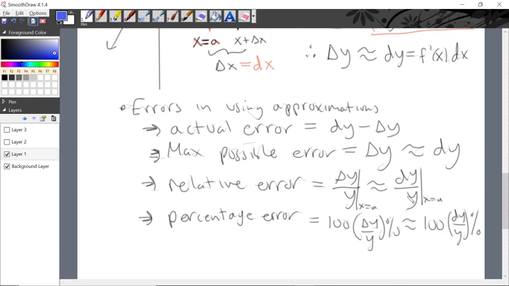But if that's out of a distance of 500 million miles, well, 1,000 miles is not that big of a proportion of 500 million miles, right? So we have the actual value of the error and then the maximum possible error that we might expect to attain. But then we have how large is that error with respect to how large the actual size of the quantity is. And then if you turn that relative error into a percentage, right? If you write a relative error as a decimal, move the decimal point 2 decimal places over, put a percentage symbol there, you would get a percentage error instead.